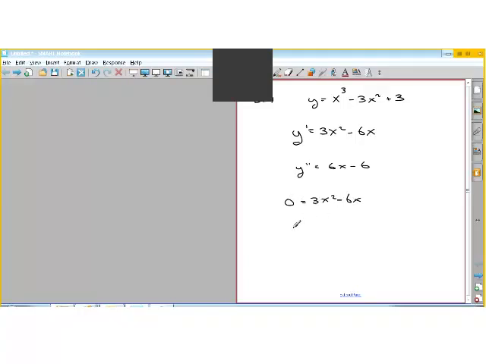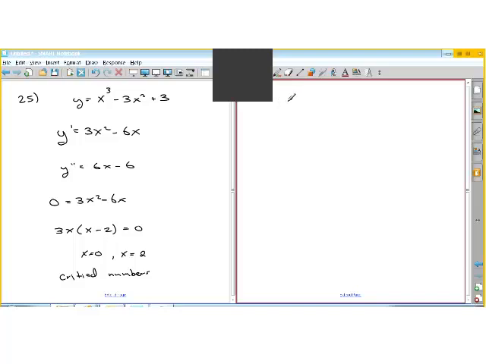And so we can factor out a 3x. So we get 3x times (x minus 2), and that's equal to 0. So we get two values: x equals 0, and x equals 2. These are critical numbers. So these are possible places where you have a maximum or minimum.